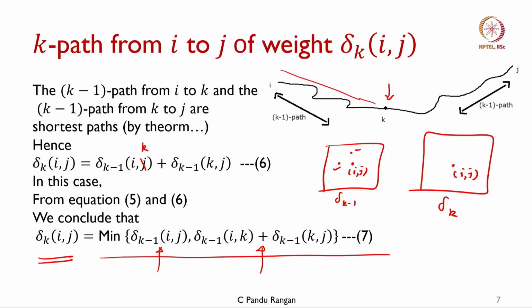So, you can see how one matrix is generated from the previous matrix in exactly n square steps. n square additions, n square comparisons, because per element one addition and one comparison to evaluate one element. There are n square elements, therefore n square additions and n square comparisons.